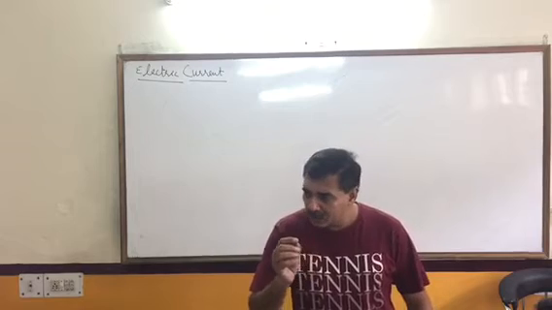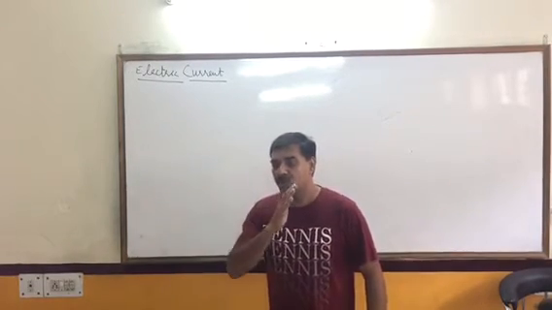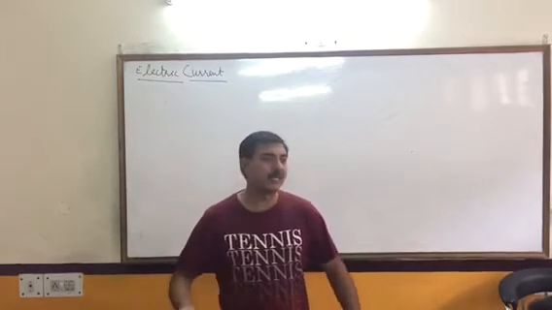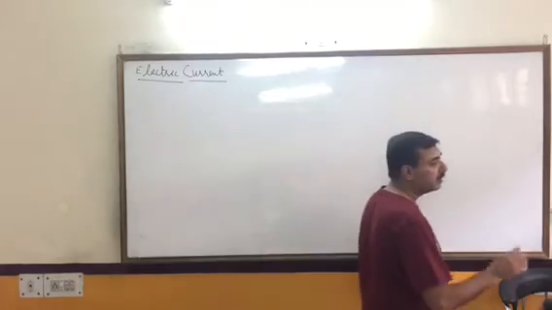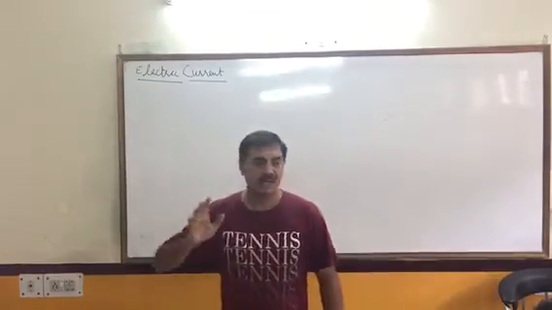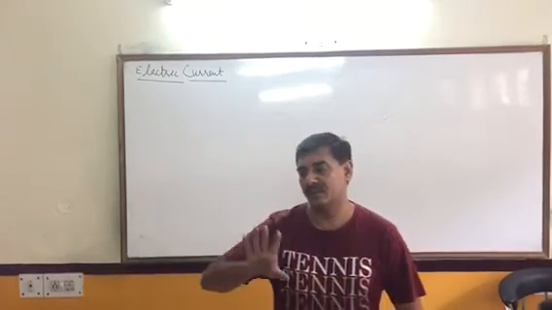Now, coming to the same point, listen to me very carefully again. Charge was flowing from a higher potential to a lower potential. Until when? Until the potential becomes equal. And at that time, the charge stops flowing and we say there is no current.